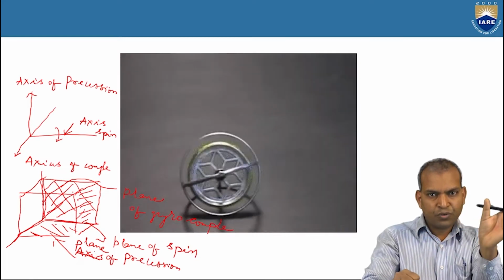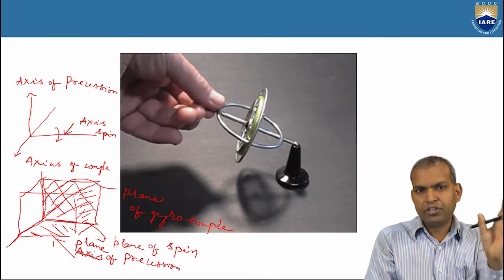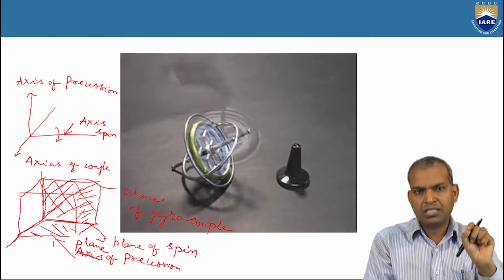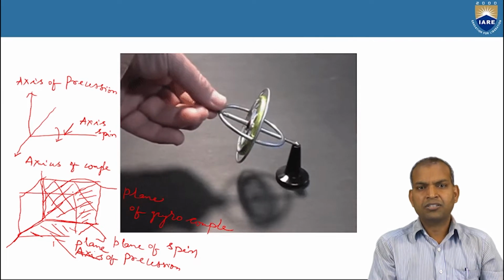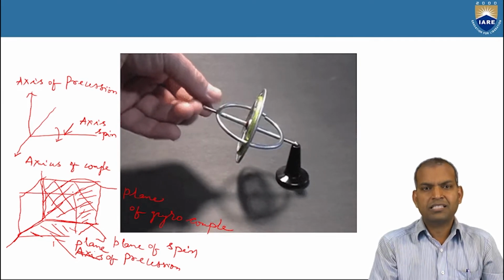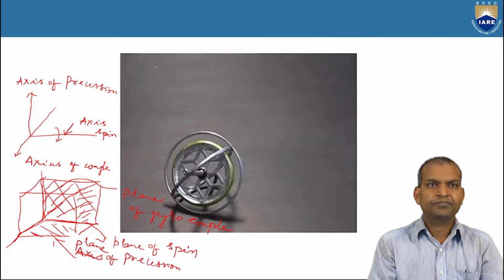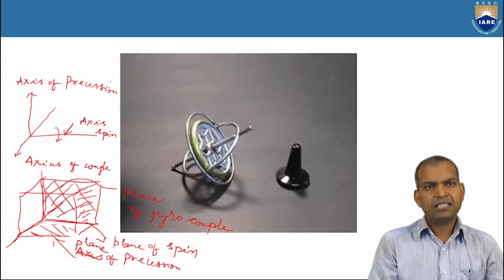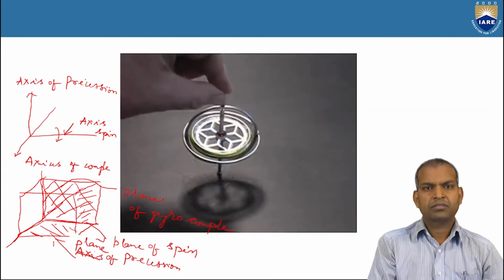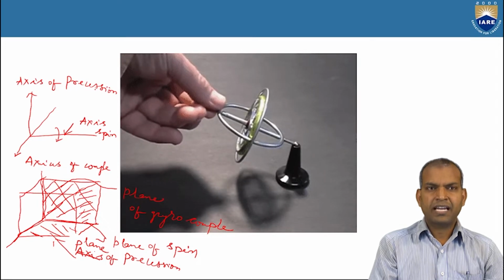You are acting with a force opposite to the direction of the centripetal force. That centrifugal force is called the reactive gyrocouple. That is known as gyroscopic effect.